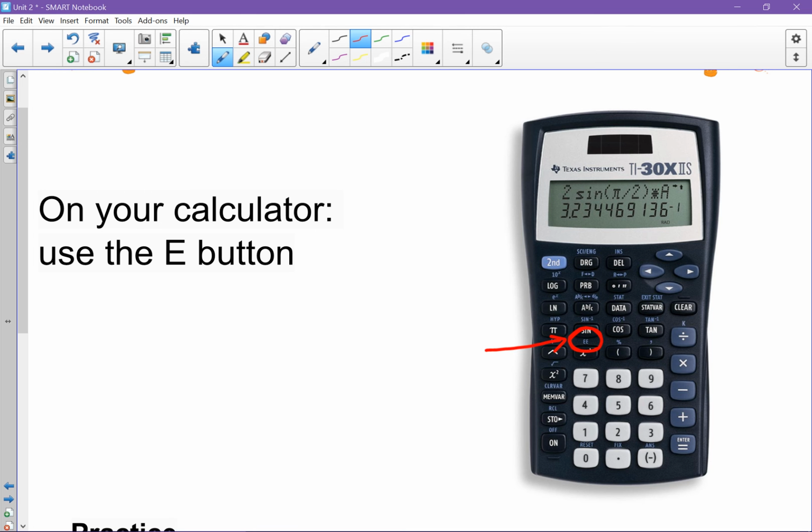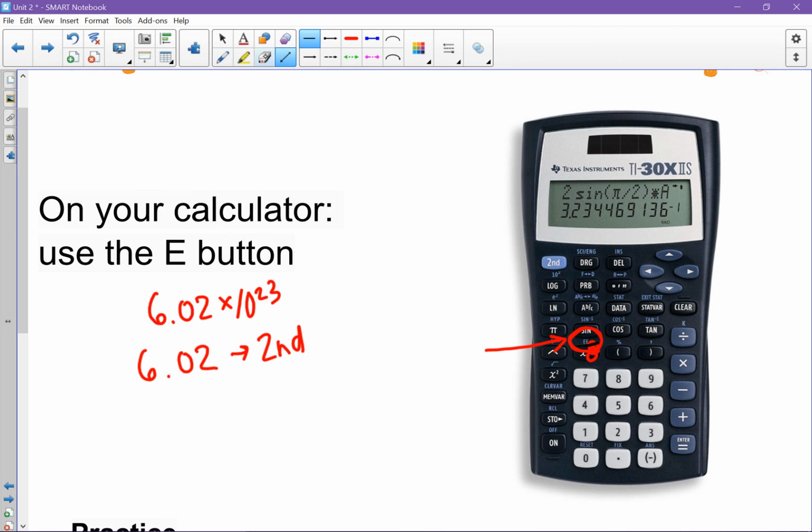So to get to that, you'd put the number in. So if it was 6.02 times 10 to the 23rd, you would push 6.02, and then on the calculator you would hit second, and then you'd hit that little x to the minus 1.